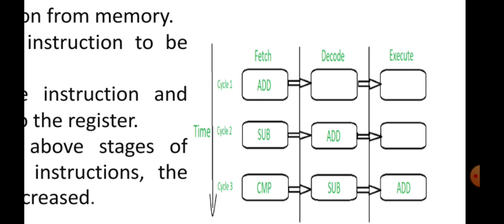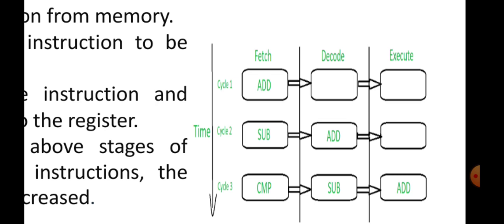Take add as the first instruction, subtract as the second, and compare as the third. In the first cycle, the first instruction, add, is fetched. In the second cycle, the second instruction is fetched and the first instruction is decoded simultaneously.